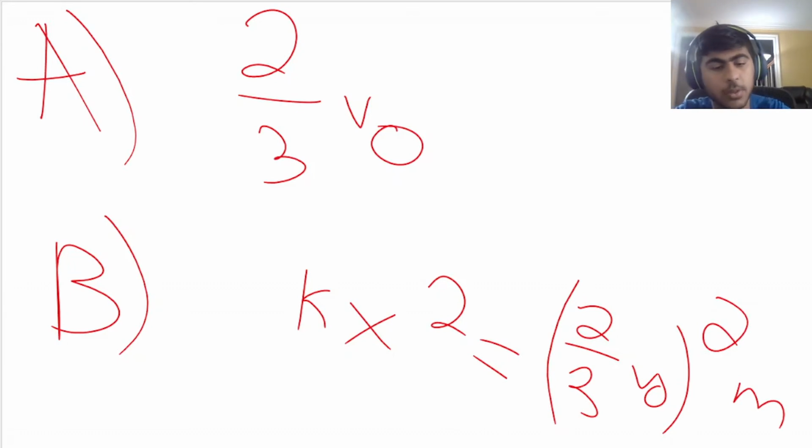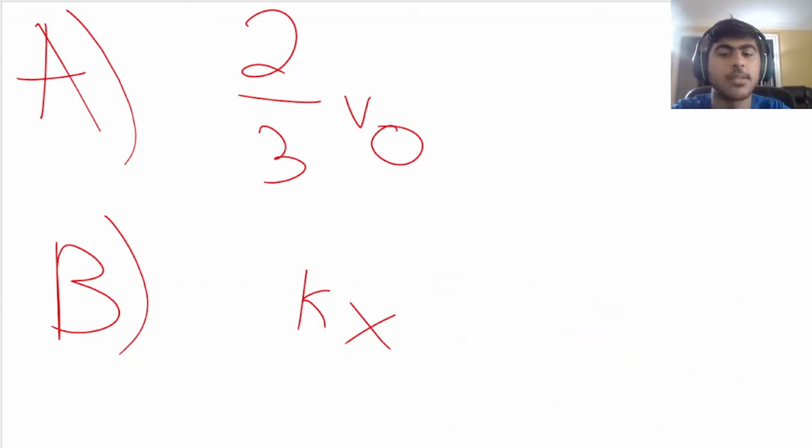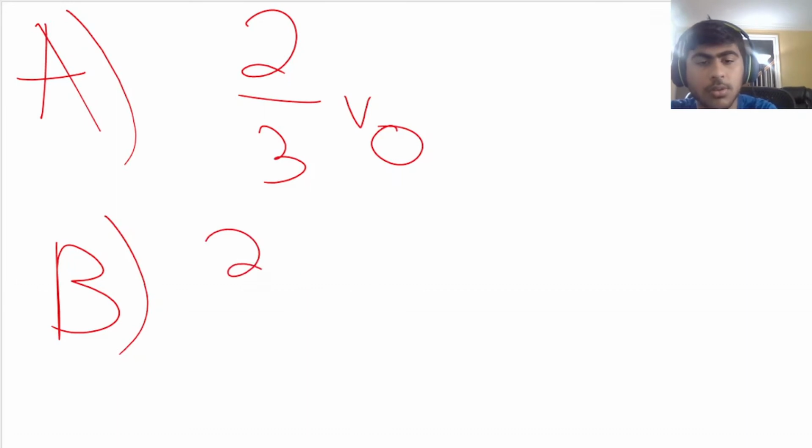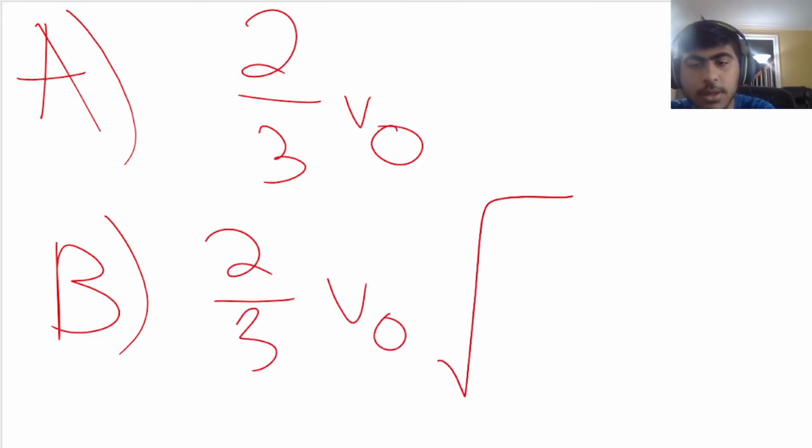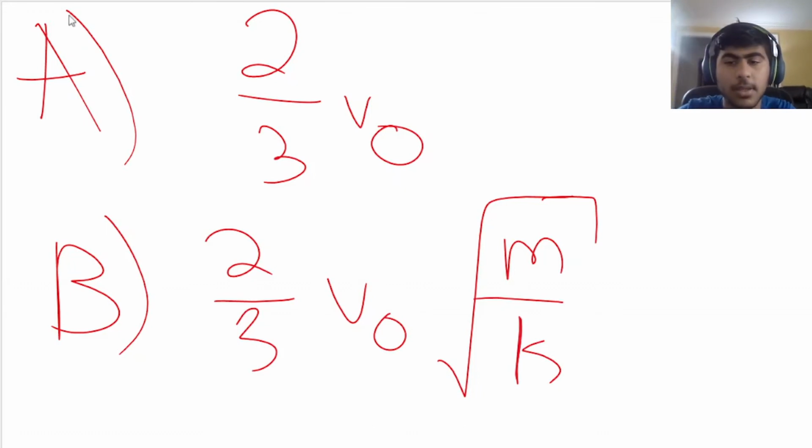Dividing by k and square rooting, we get that x equals 2/3 v0 times the square root of m over k. Recall that this is because m and k each have one factor each, but we squared this velocity.